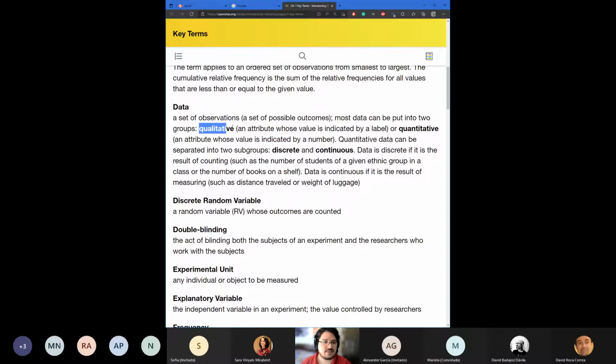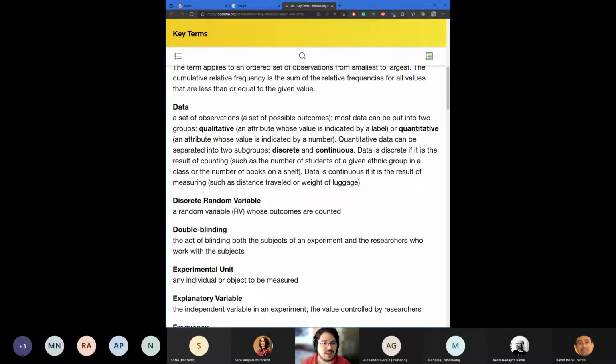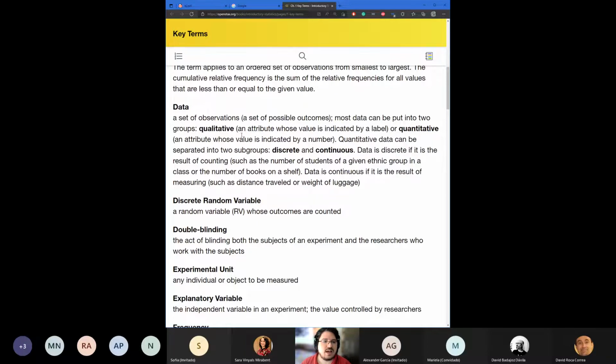Most data, and this also applies to most variables, can be put into two groups. Qualitative means that it can be indicated by a label. It probably has a ranking, not necessarily.